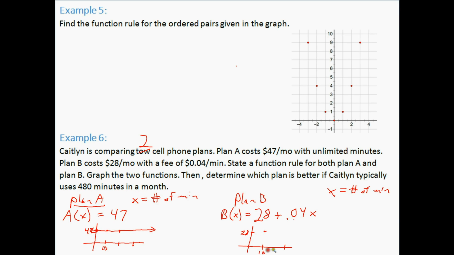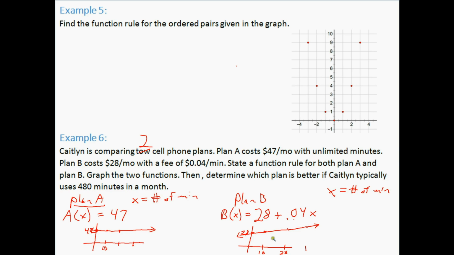If we use 20 minutes, we're going up a little bit more. And so this is going to slowly increase. If we put 30 minutes in here, 30 times 0.04 is $1.20, and so it's going to go up a little bit more. But we have a line that goes through 28 and then is increasing by the number of minutes that are used.